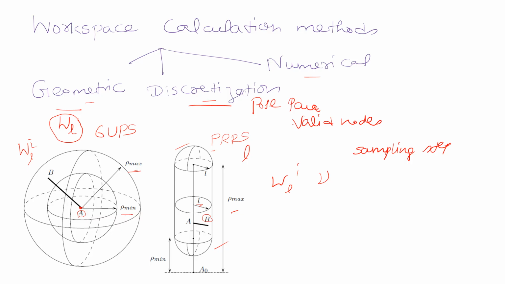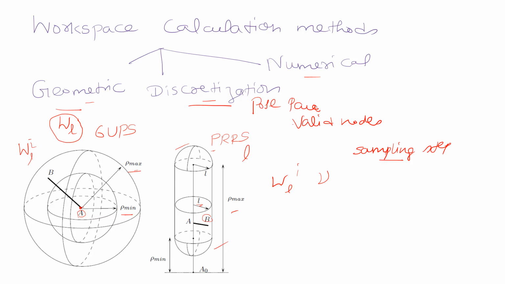So there is a limit on the accuracy, because the computational time also increases with the number of sampling steps, and problems may occur when the workspace possesses voids, right?